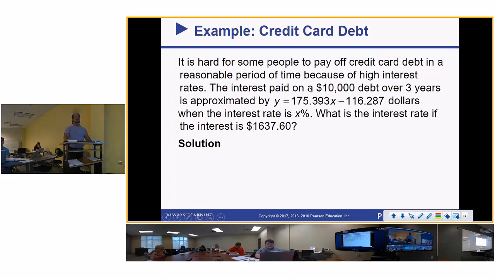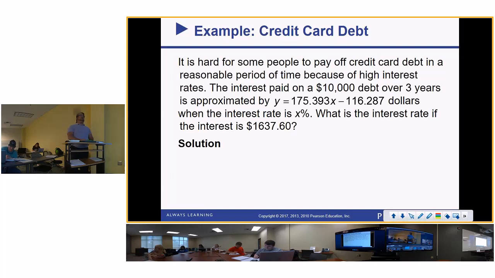The interest paid on $10,000 is approximated by y equals the formula, where X is the percent. What is the percent if the interest is 1630? So what am I going to do with that 1630? Put it in place for y. Yes. So do that.